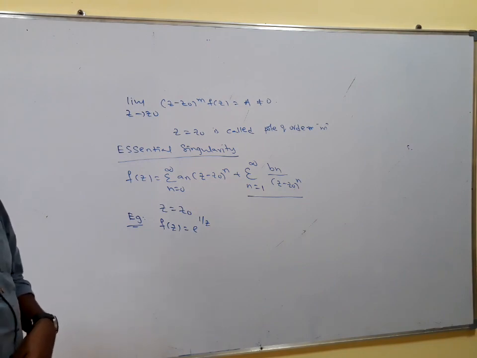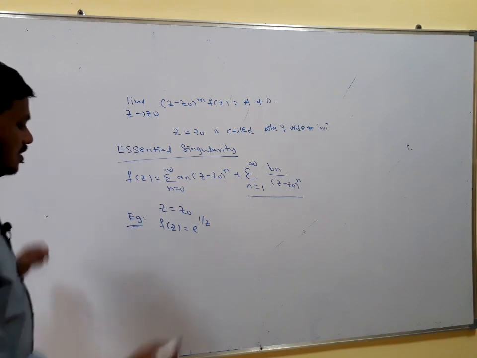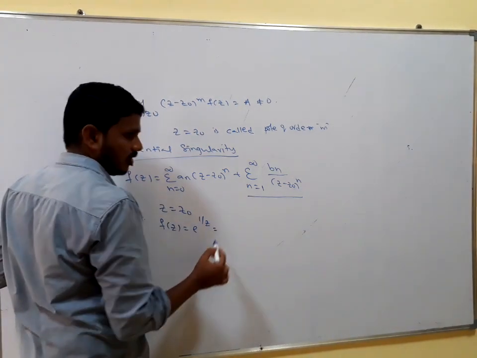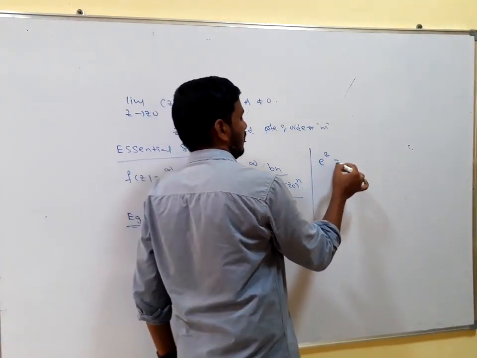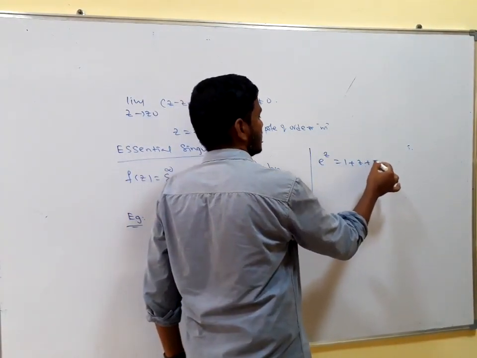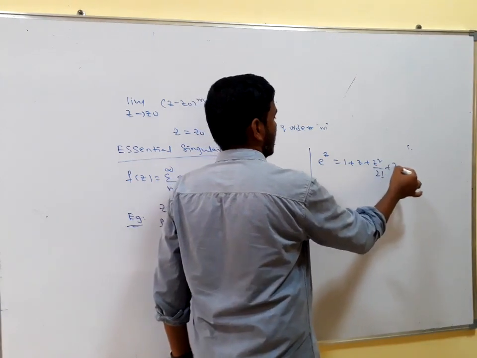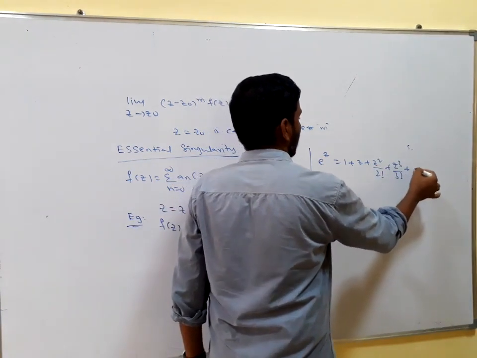Clearly, z is equal to 0 is the singular point here. So if I am writing the expansion of e to the power of 1 by z, you know that the e to the power of z expansion is 1 plus z plus z square by 2 factorial plus z cube divided by 3 factorial plus so on.